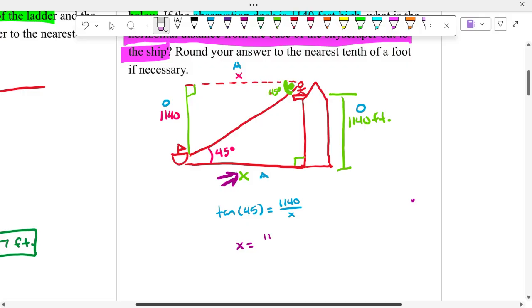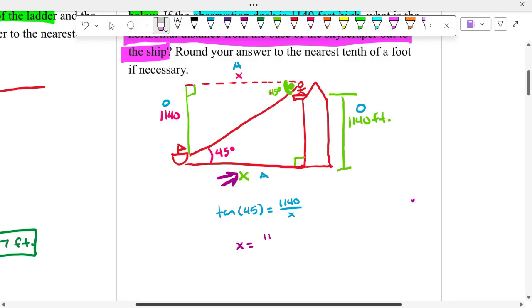Technically, if we were making the angle of depression, we're talking about this angle right here, all right? But we're talking about from the base of the boat to the skyscraper, which is here. So that's where parallel lines make congruent angles, the alternate interior angles. We can put the 45 here as well and solve this triangle.